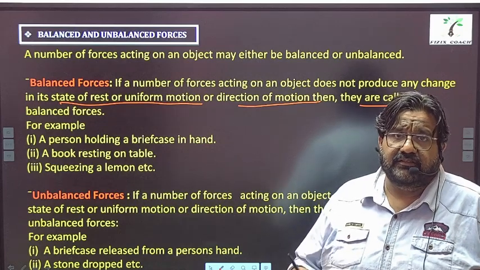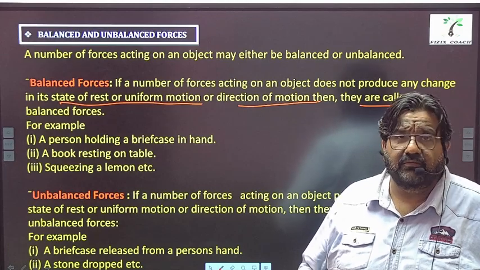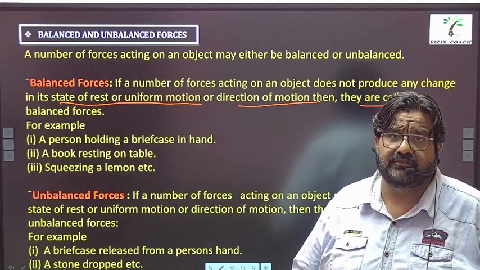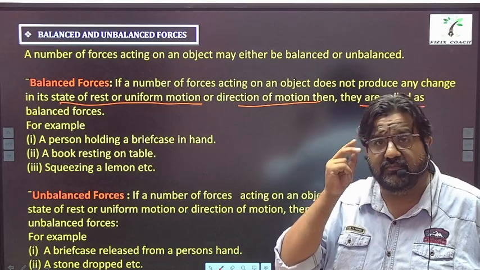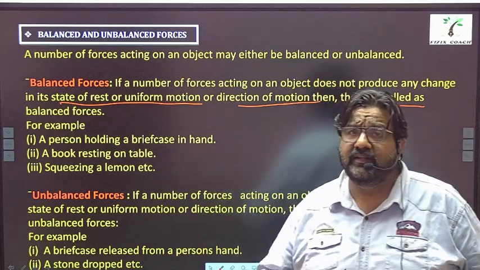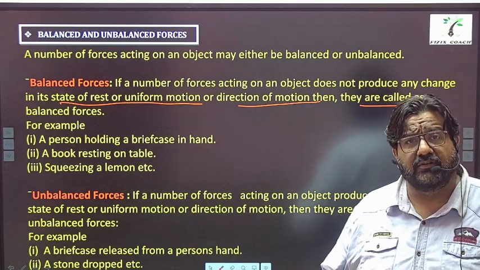So by these live examples, you can always understand what balanced forces and unbalanced forces are. In balanced forces, the magnitude will be the same, the direction would be opposite, and the net force will be zero. There won't be any change in the state of rest or uniform motion.